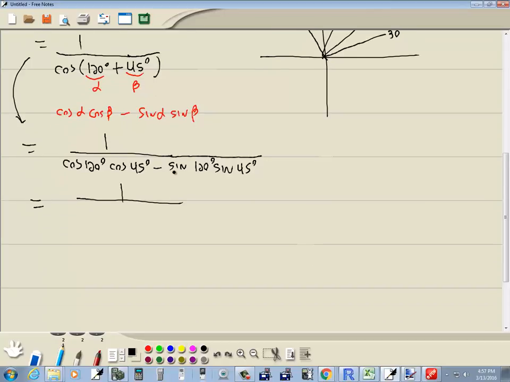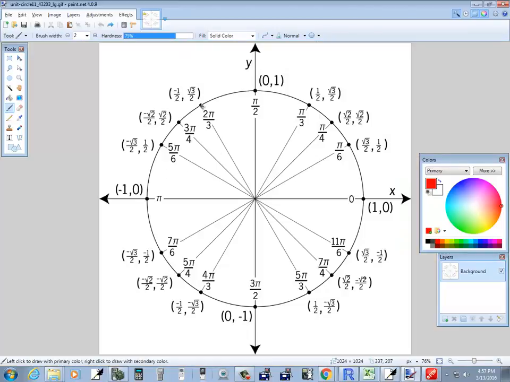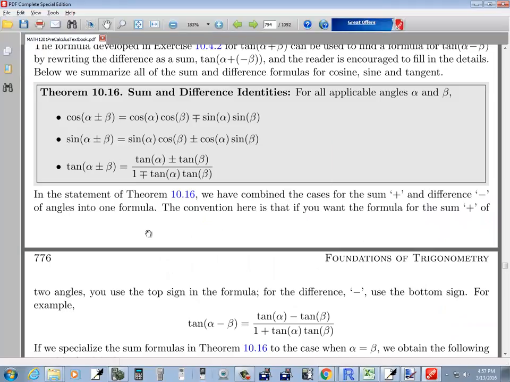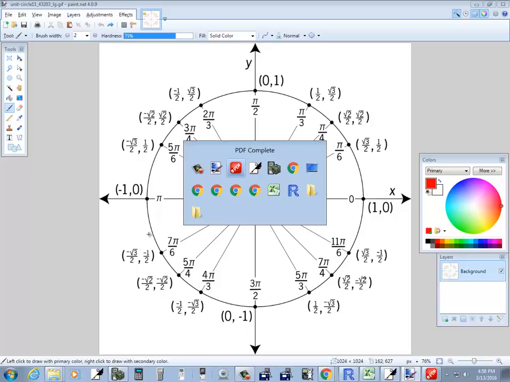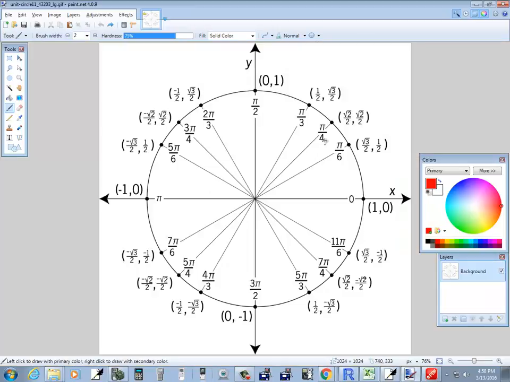Now if we look up what cosine of 120 degrees is on our unit circle, here's 120 degrees. Cosine is our x part, which is negative 1/2. Now cosine of 45 degrees, right here, and the x part, which is cosine, is square root of 2 over 2.